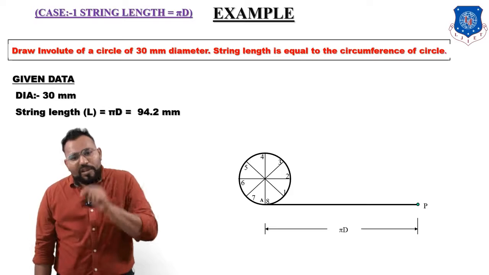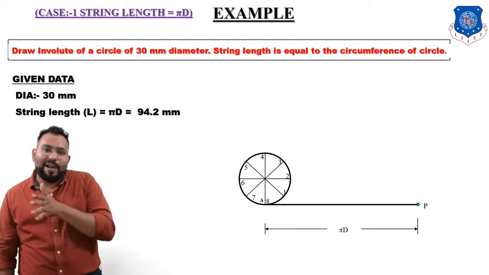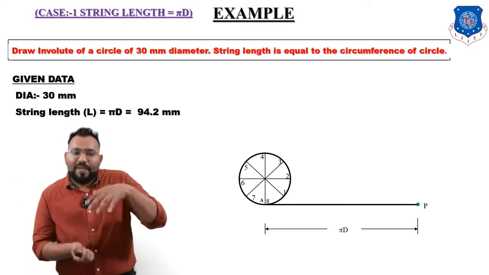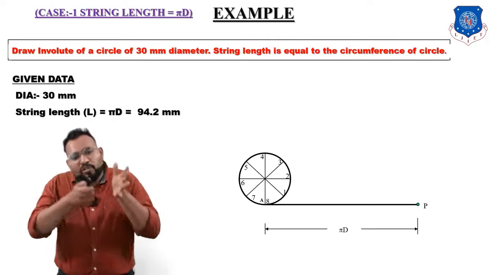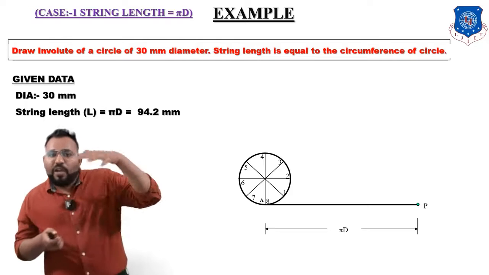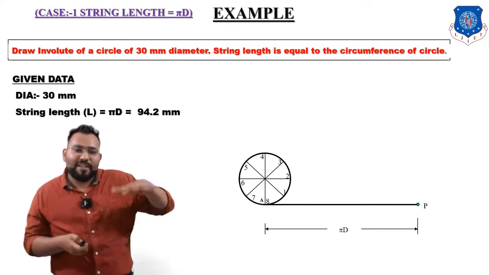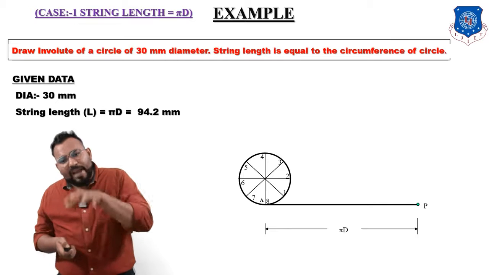Now we have to also divide this string AP into some number of parts. But how many number of parts? Here we have divided the circle into 8 number of parts. That's why we have to also divide the string into the same number of parts as we have done on a circle. So we have divided the circle in 8 parts, so we have to divide the string also in 8 number of parts.